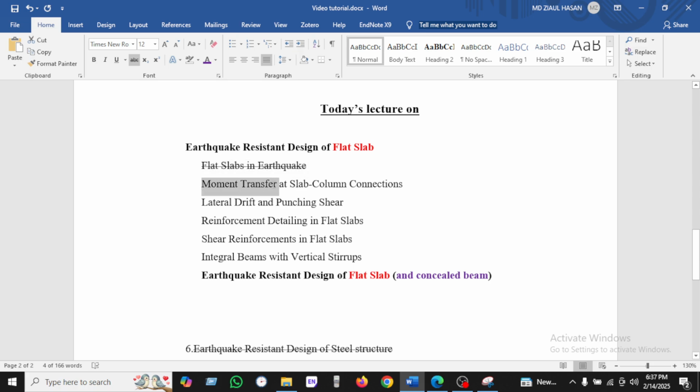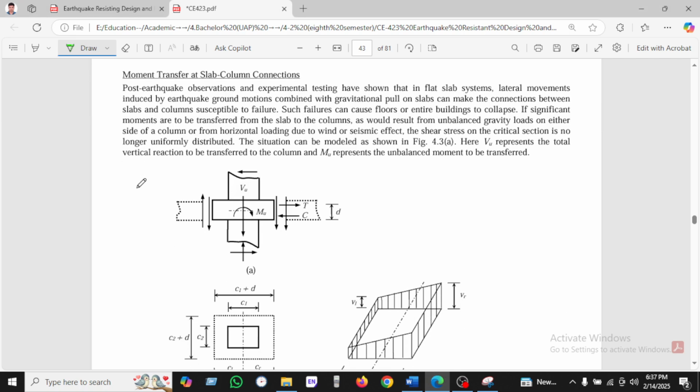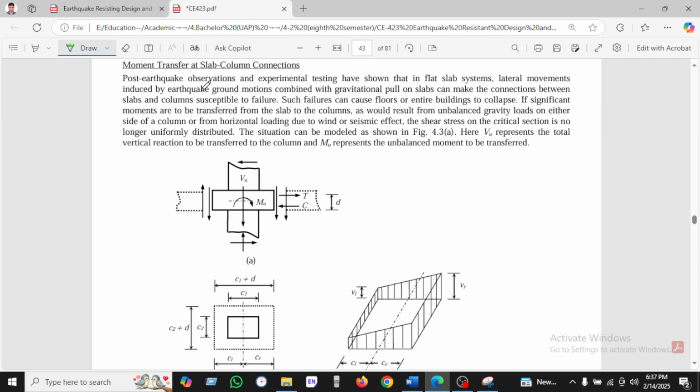So now we'll go to the moment transfer at slab column connection. So let's see moment transfer. Earthquake observation and experimental testing have shown that in flat slab systems, lateral movement induced by earthquake ground motion combined with gravity load can make the connection between slab and column susceptible to failure, and such failure can cause entire building collapse.